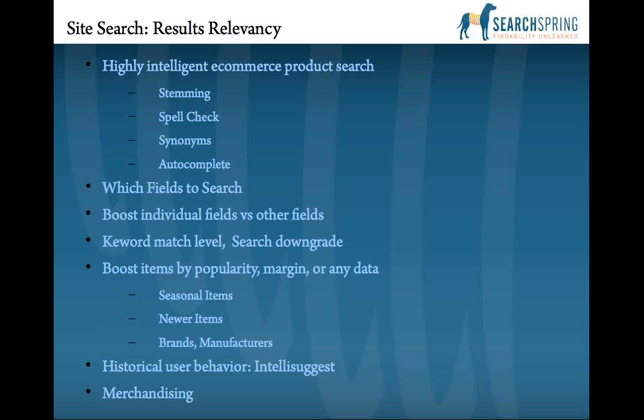Some other controls that you have over the relevancy: keyword match level is when you're saying, hey, if someone types in a 3-word query, it's got to match all 3 or just 2 of them or maybe just 1 of them. So it's really how precise or how forgiving the relevancy is going to be for your audience, so it's tunable. Search downgrade is kind of the same thing, but that's where it's actually breaking apart individual terms.